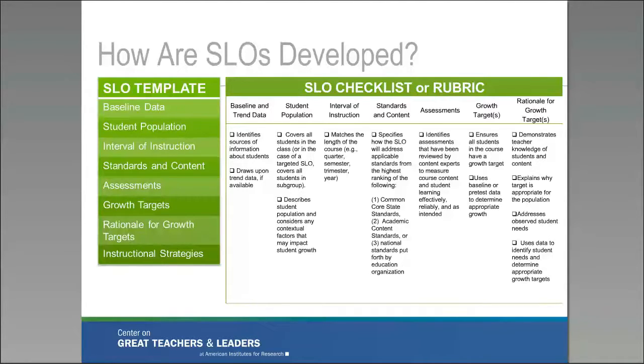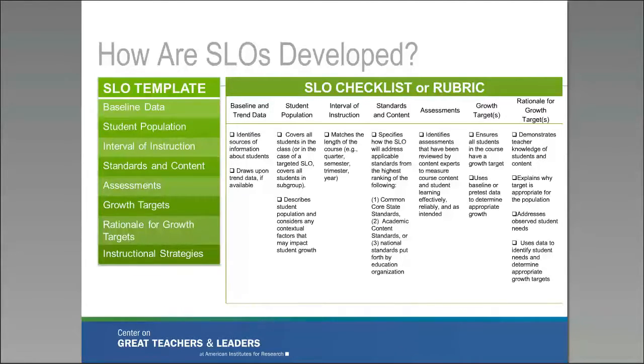Teachers or teacher teams, depending on the local business rules, then identify the standards and content that are going to be the focus of the student learning objective. They identify which assessments are going to be used, both the pre-assessment, post-assessment, and any formative assessments that might be used. And then teachers or teacher teams are asked to develop growth targets, and that is based on the pre-assessment data.